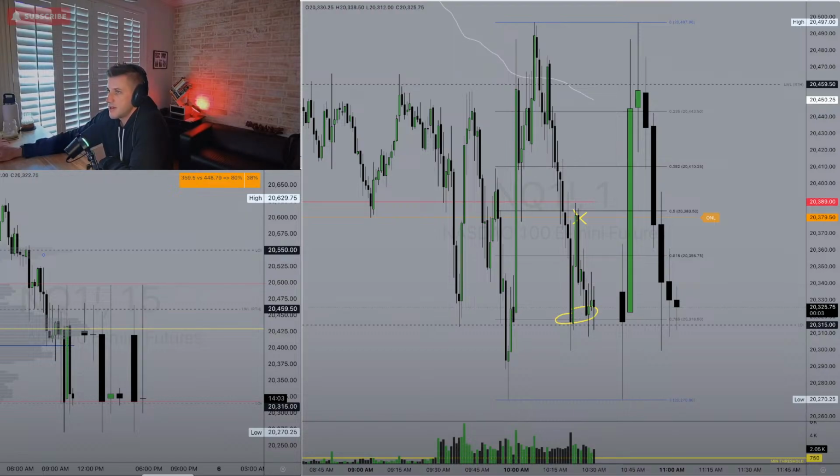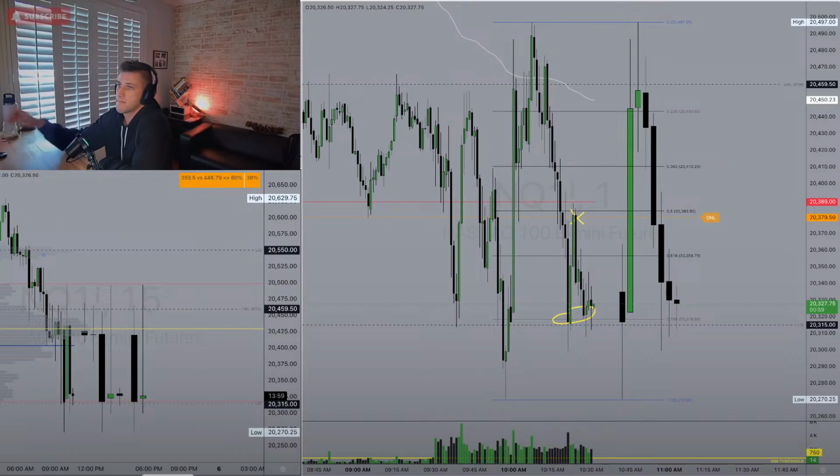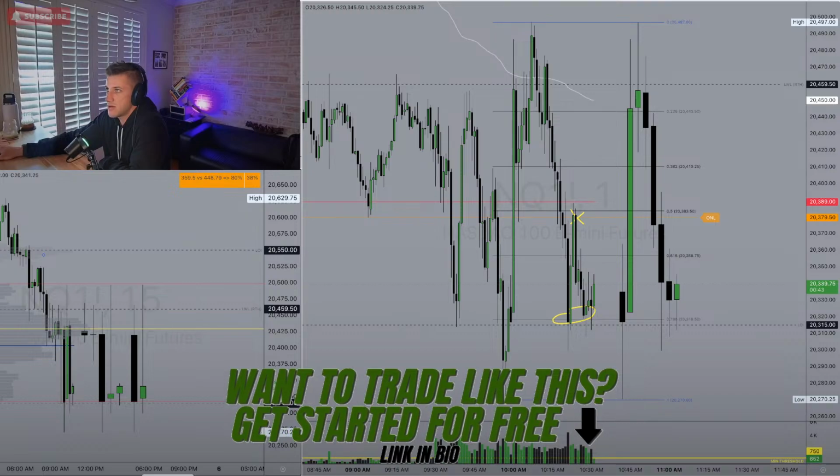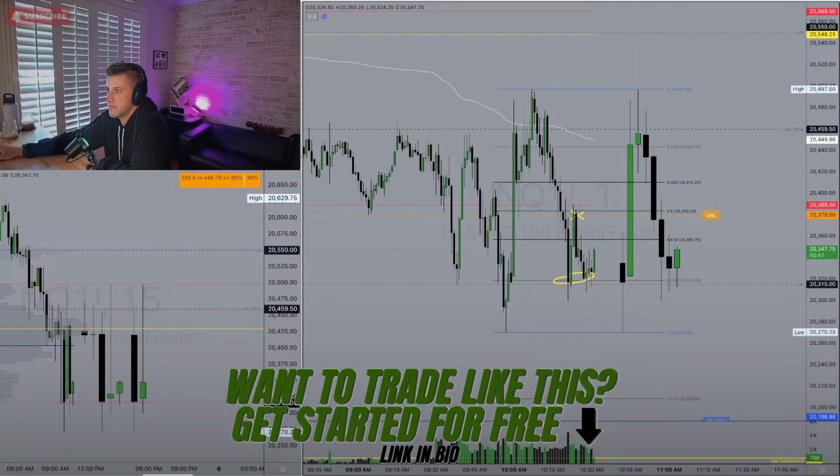And a little churn here at 315. Buyers are looking for 315 to hold with a retest into overnight low. Sellers, of course, want to flush the session low down into prior day volume point of control.